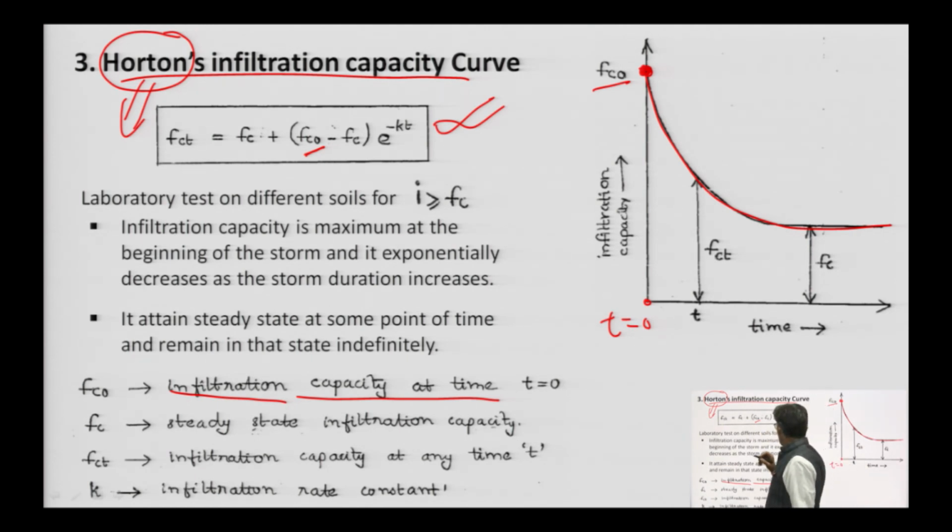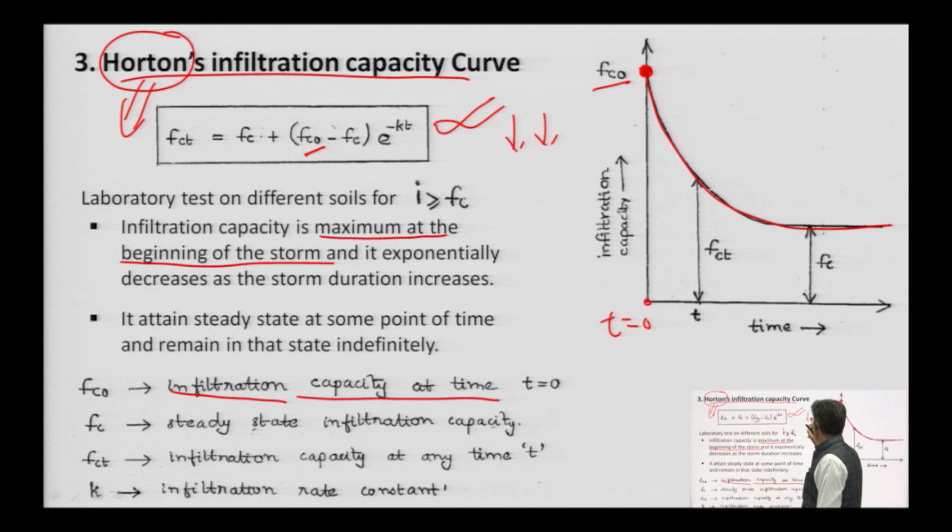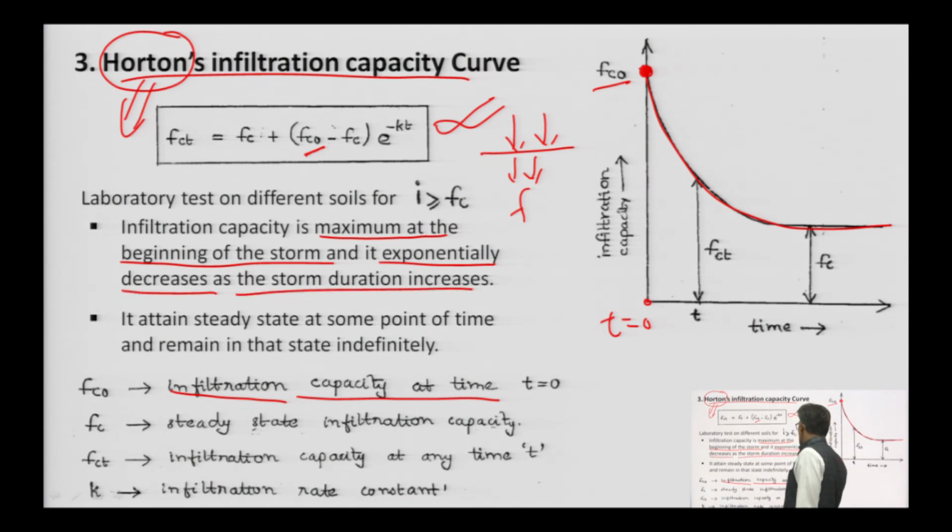What was the conclusion? Infiltration capacity is maximum at the beginning of the storm, at t equal to 0, as immediately after the precipitation the infiltration rate f is more. That is the first conclusion, and it exponentially decreases as the storm duration increases.